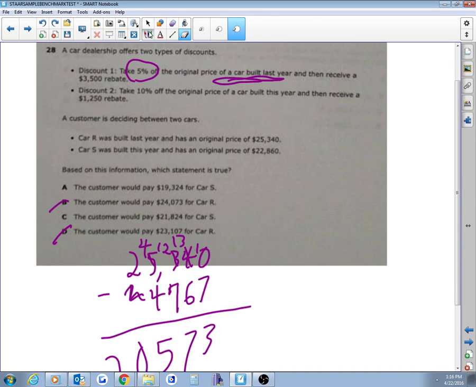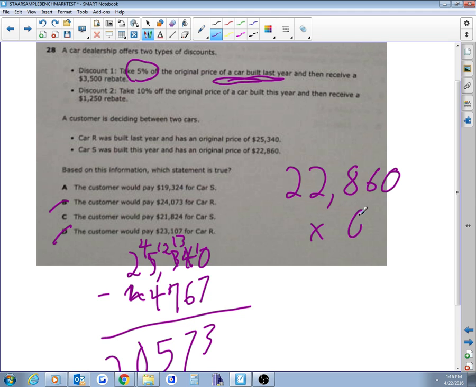So we're working on car S now. The original price is $22,860, and we're finding 10% of that number. You can multiply times 0.10, and really that just moves the decimal one time. That's 2,286. Move the decimal once to find 10%.